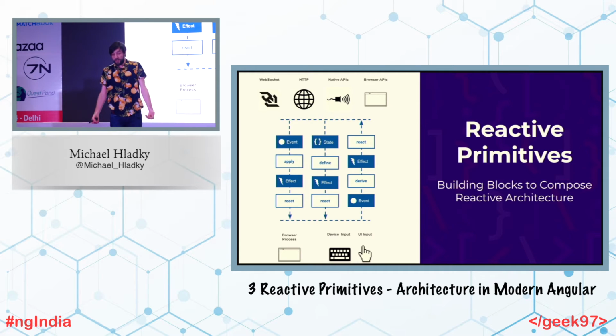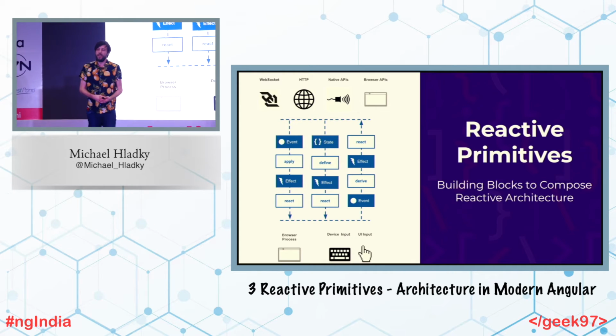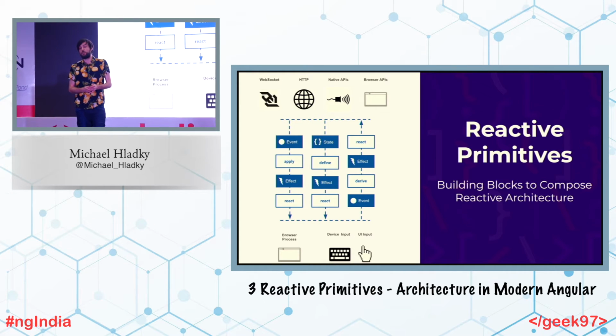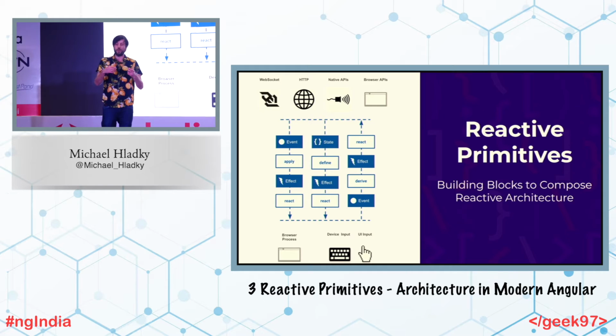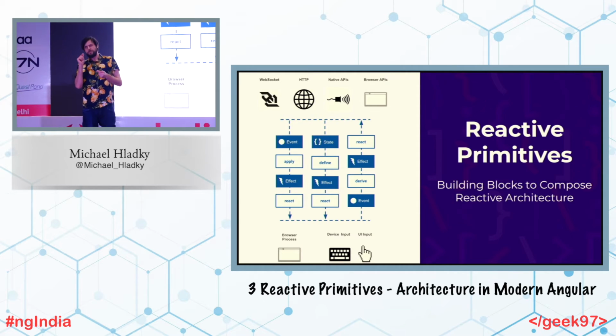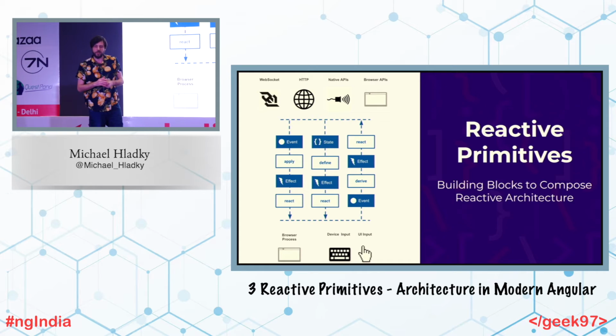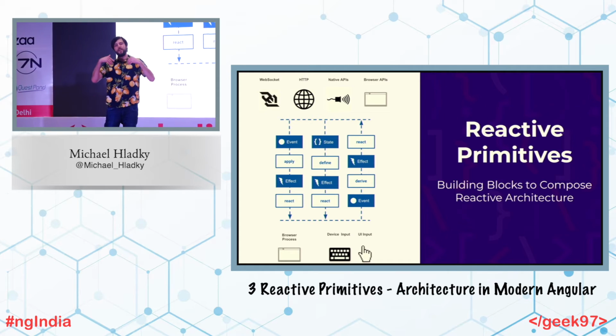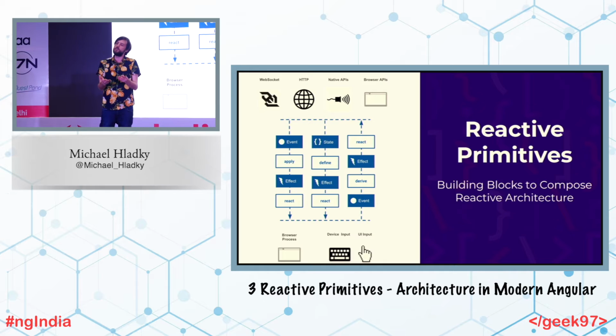Last abstract example is from the user input up to the edge, and you have all sorts of events. You have keyboard input, you have mouse clicks. You take those events, you maybe change their shape a little bit, and then you turn them into an event and into an effect, and this effect then communicates back to the server.